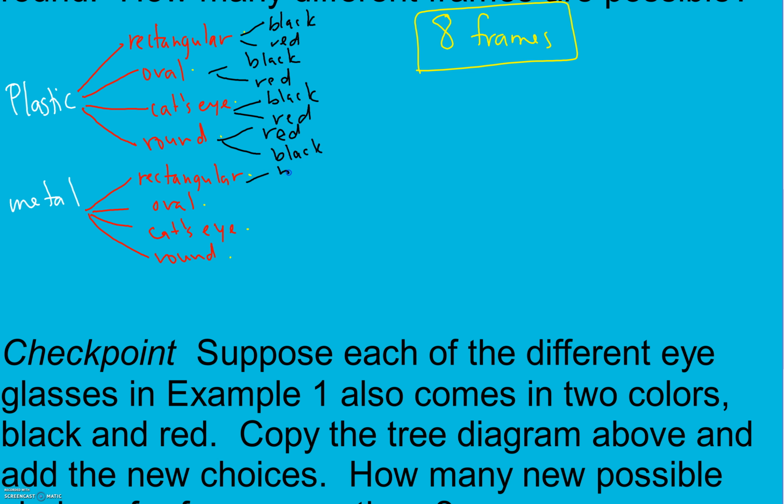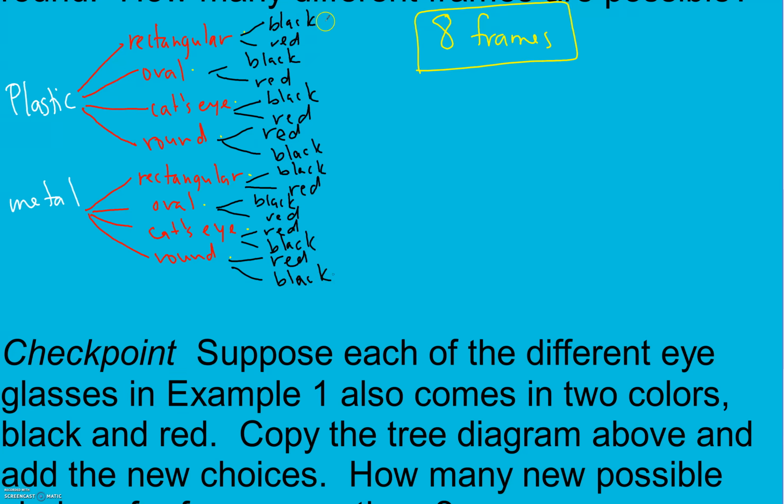Rectangular metals that are black, rectangular metals that are red. Metal, oval, black, metal, oval, red, metal cat's eyes, red, metal cat's eyes, black, and metal round, red, and metal round, black.